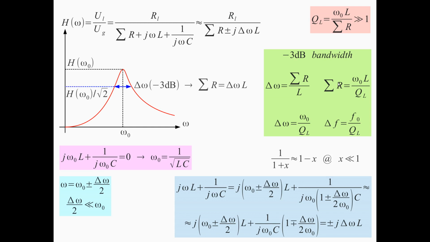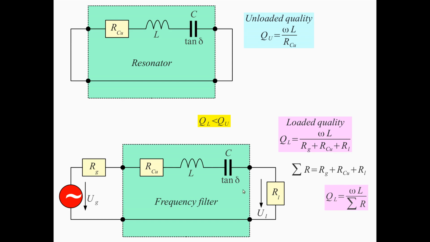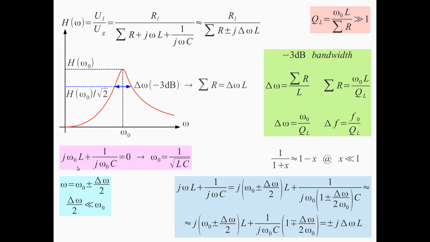So what is the response of such a filter? The response of such a filter, I can say that it is now the ratio of the load voltage divided by the generator voltage, generator here at the contacts of the generator, the connections of the generator.